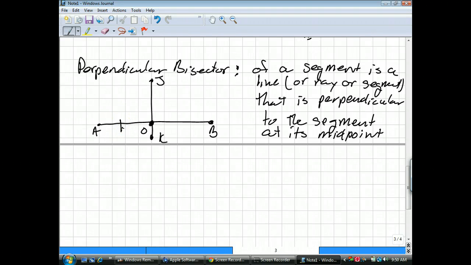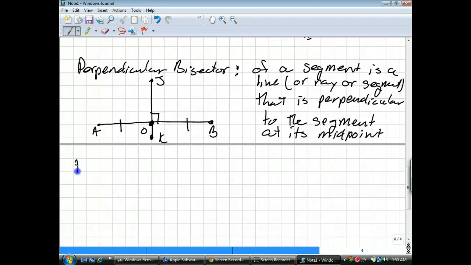So I know AO is congruent to BO. And I know that angle JOB is a right angle. That comes from the perpendicular, okay? So the perpendicular bisector goes through the midpoint and is perpendicular to the line.